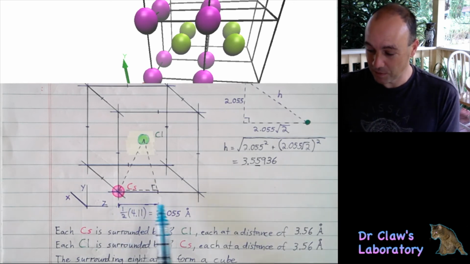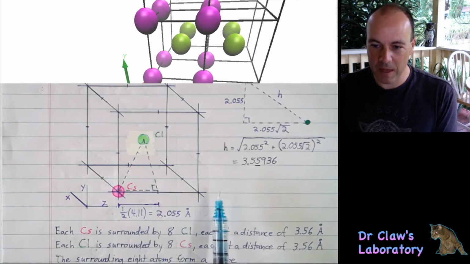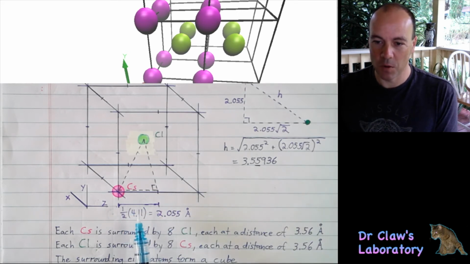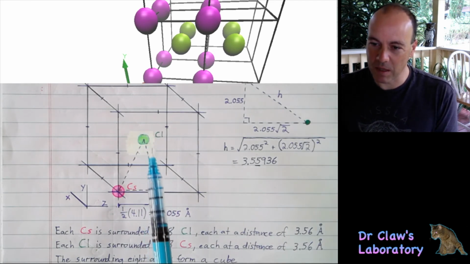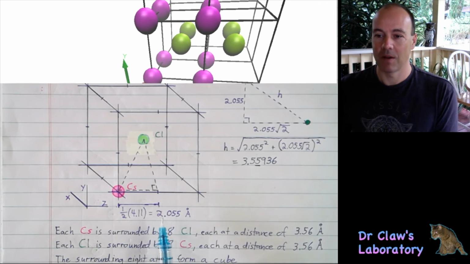Now, this is a right triangle, and the distance of the short edge right here is going to be 1/2 of the edge length. 1/2 of 4.11 is 2.055 angstroms. Okay? And this is going to be 2.055 times the square root of 2. Okay.